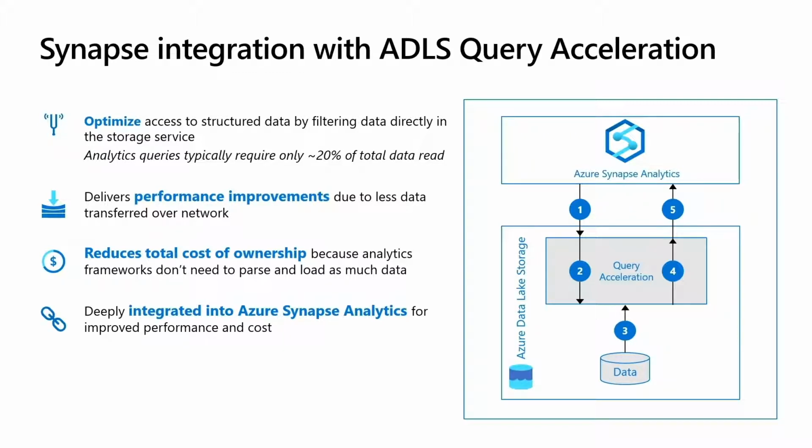The storage layer can then evaluate those predicates and projections directly as data is being read off the disk, meaning that superfluous data that is not normally required to satisfy the query no longer needs to flow up through the storage service across the network and then be parsed within Spark. All of that cost is eliminated.